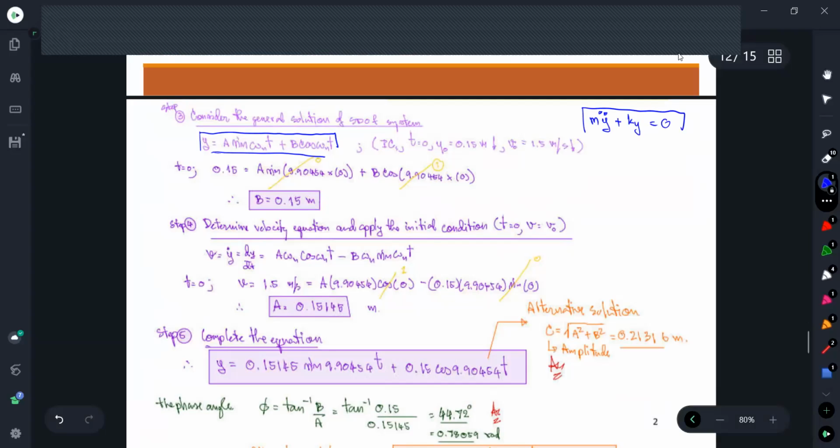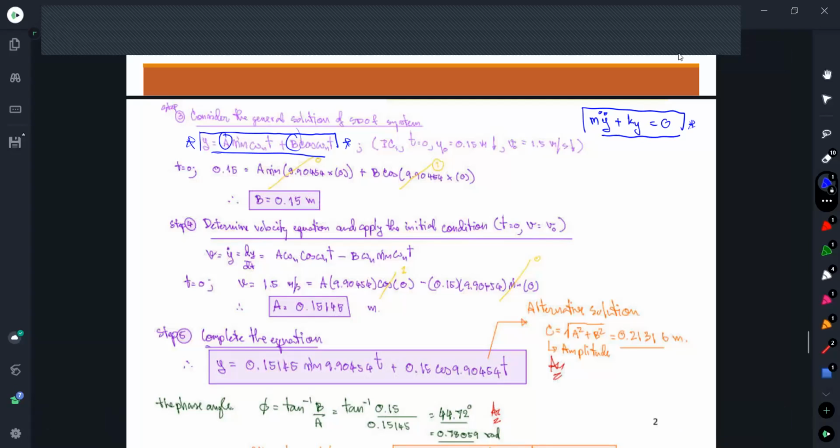This is the solution for this case. You may substitute this term for y into this equation, and you will see that it satisfies this equation. Because we already know that the solution for the free vibration of the spring is this equation, and we have two constants, that is a and b.